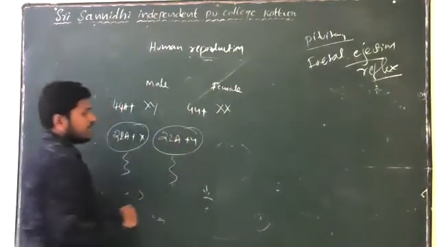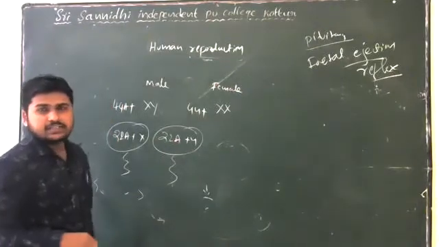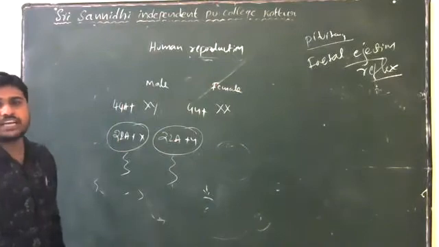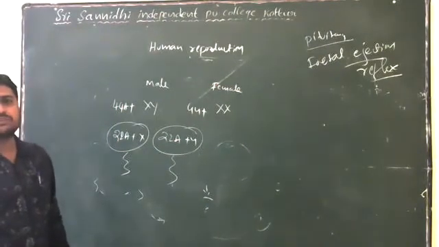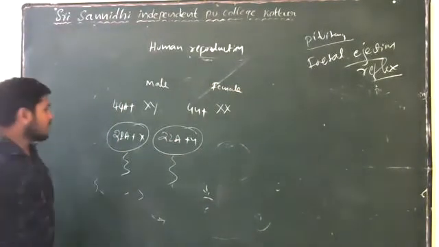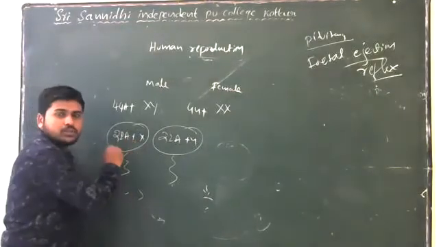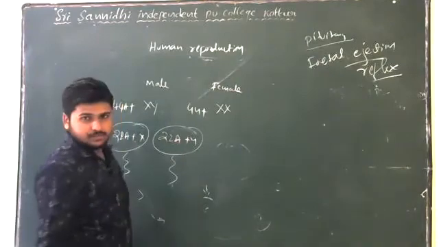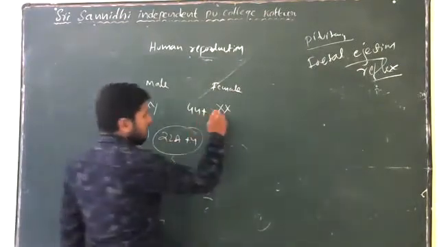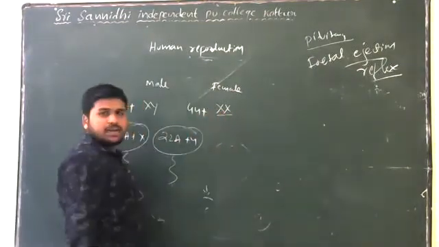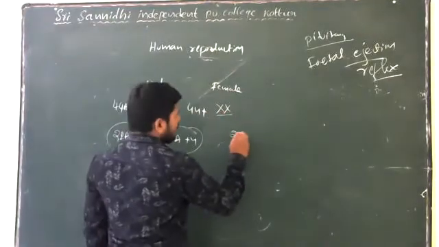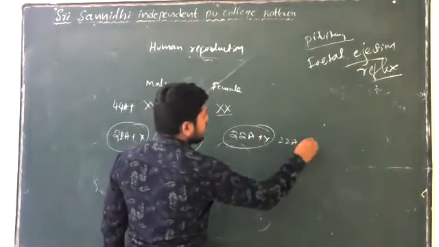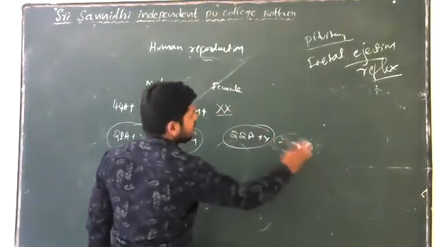That's why humans show male heterogamety: the male produces two different types of sperm, one containing the X chromosome along with the autosomes, another containing the Y chromosome along with the autosomes. Females have one common pair of X chromosomes, so 22 autosomes plus X, both are common.